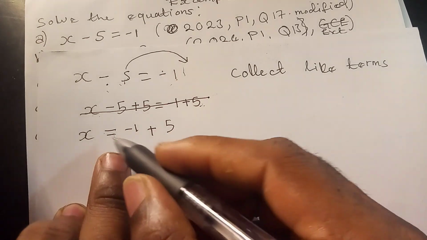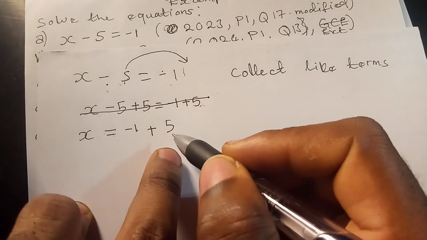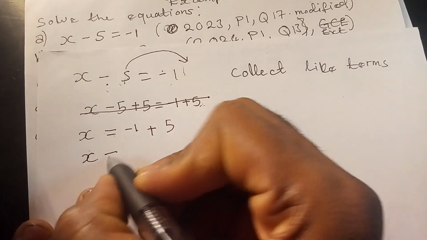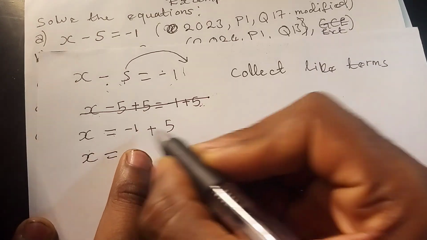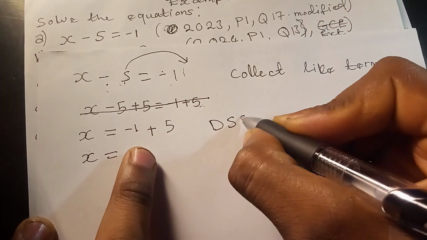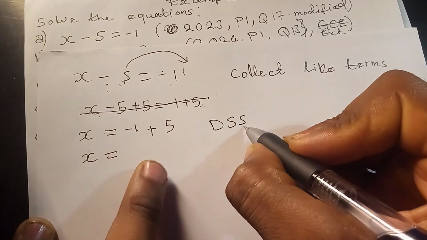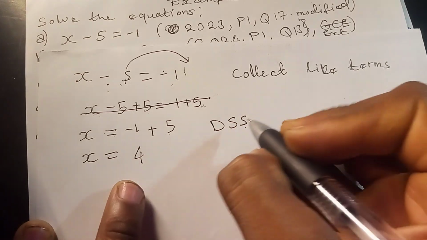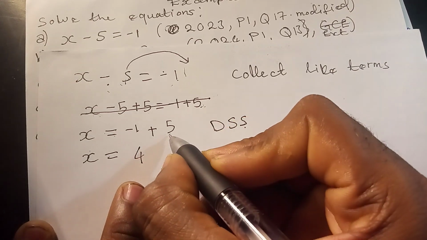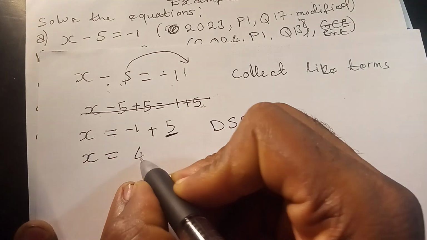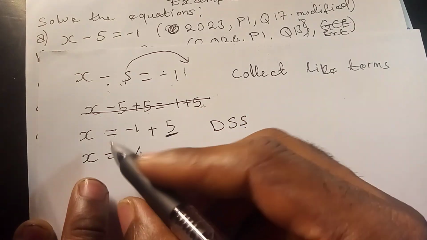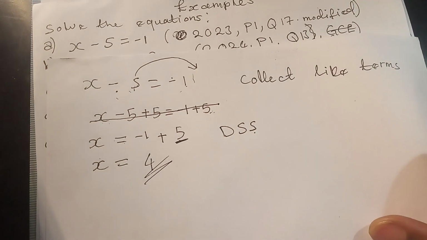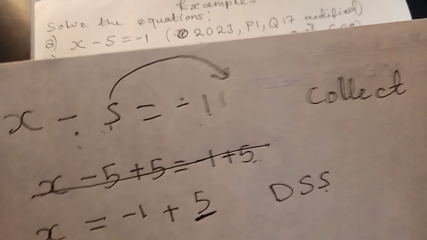So in this case, once the number goes to the other side of the equal sign, the sign will change to positive, so that we have x is equal to, remember we have different signs here, so different signs you subtract. So 5 minus 1 is 4, and then get the sign from the bigger number. The bigger number here is 5, so this is our answer. So x is equal to 4, and you are done. It's this easy. So let's try the second one.